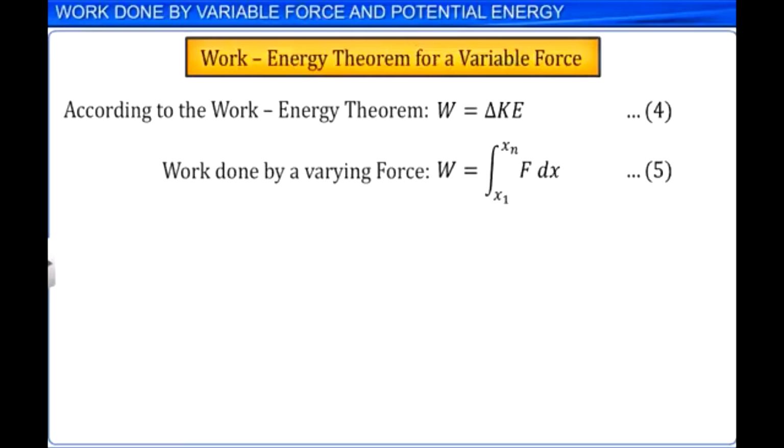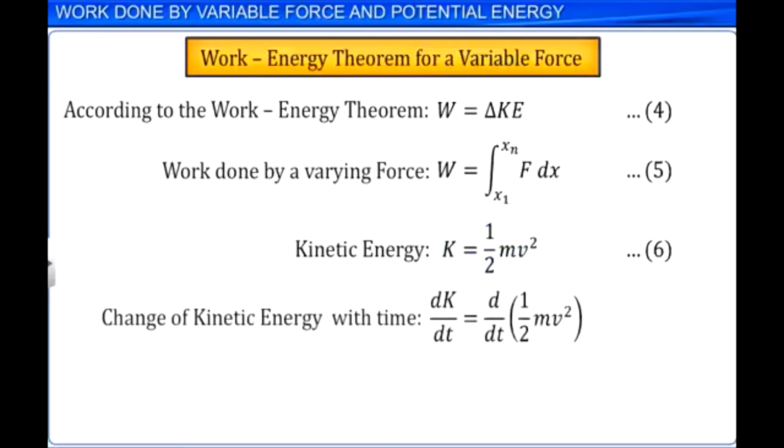If the velocity of the object at an instant is v, then its kinetic energy at the instant is expressed as half mv squared. Let this be equation 6. On differentiating equation 6 with respect to time t, we get the rate of change of kinetic energy as dK by dt equals d by dt of half mv squared.